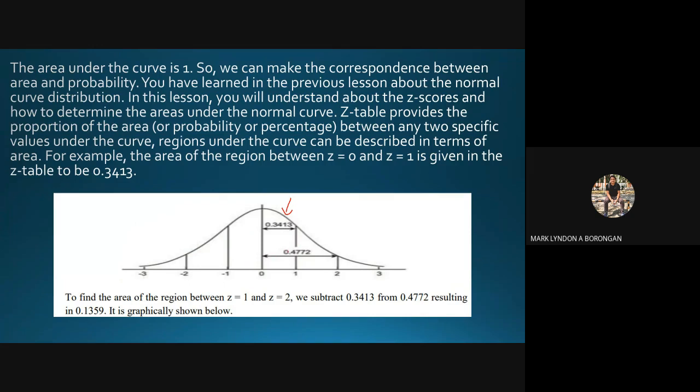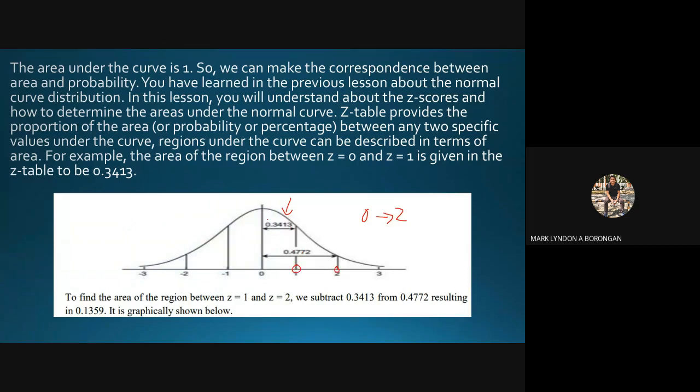So now, let's say for example, to find the region between z equals 1 and z equals 2, we subtract 0.3413 from 0.4772. The total area from 0 up to 2 is 0.4772, right? So how do you determine the distance between 1 and 2?